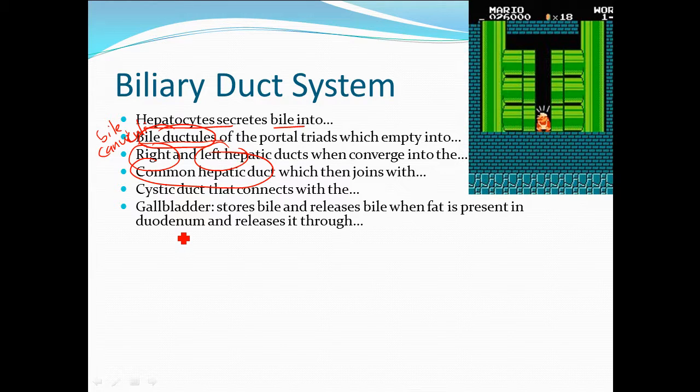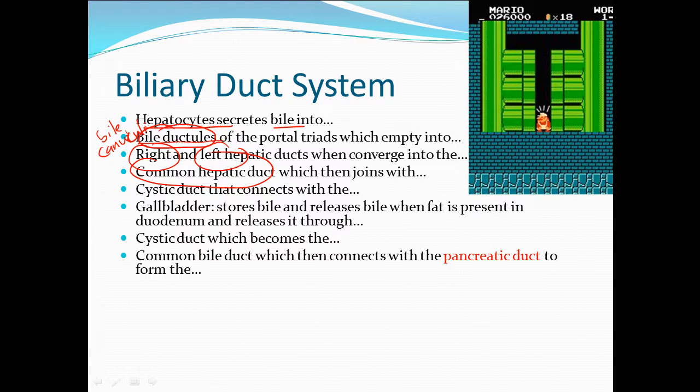And when we start eating fatty foods and stuff like that, from the gallbladder, it goes through the cystic duct again. Okay, and from the cystic duct, it will go into the common bile duct. And when the common bile duct fuses together with the major or main pancreatic duct, it forms the hepatopancreatic ampulla, and this is just the enlarged part.